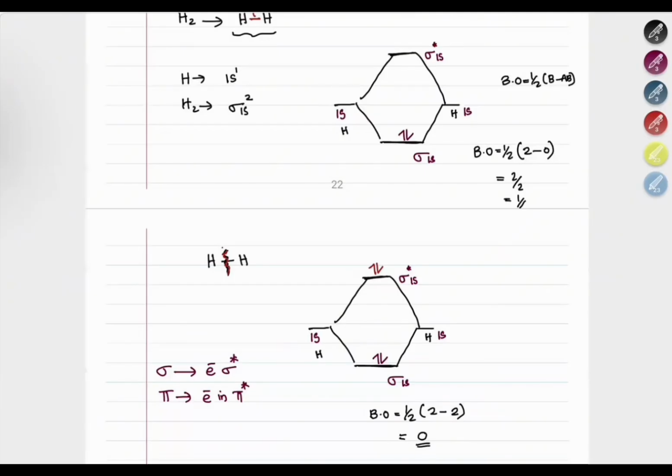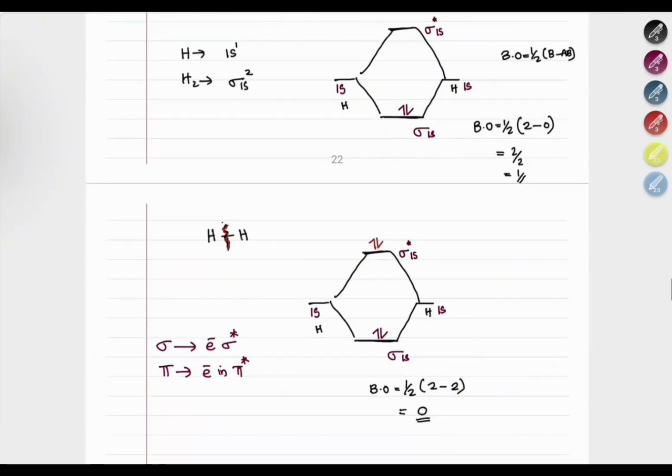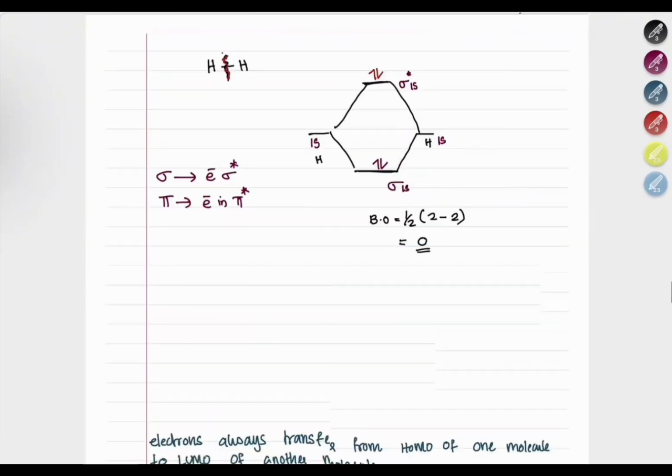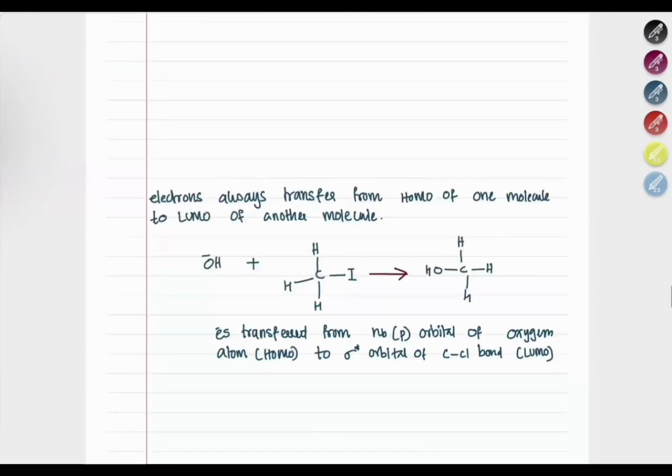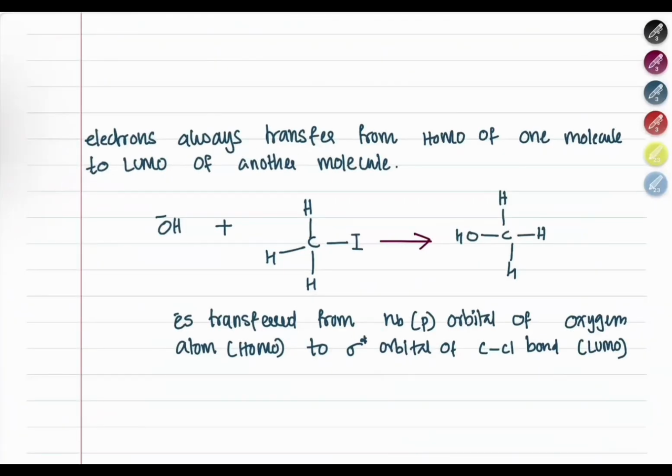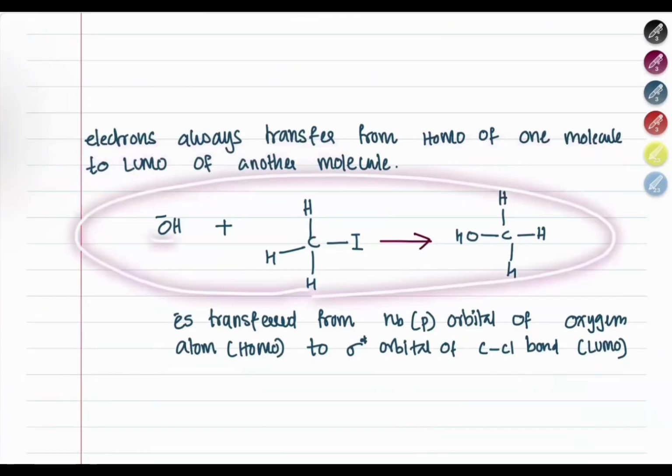Now we will see what is actually happening in case of organic molecule when the reaction is happening. How the electron transfer is happening from HOMO to LUMO. So we have discussed that electrons will always transfer from HOMO of one molecule to the LUMO of another molecule, right? Suppose this reaction is happening. Here, the OH minus is reacting with the molecule and we are getting a product here.